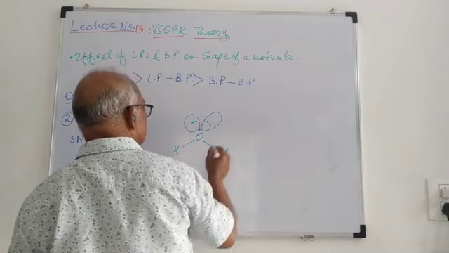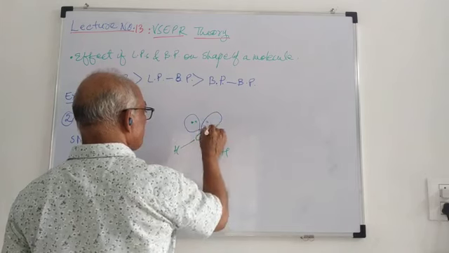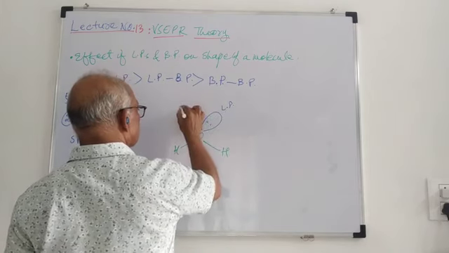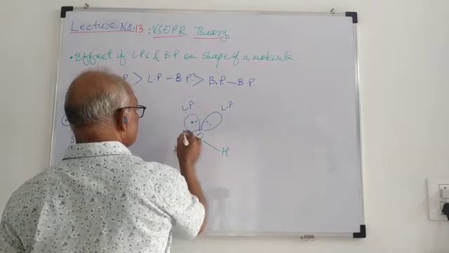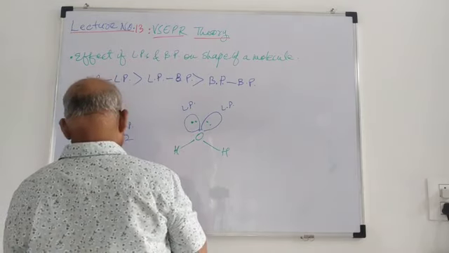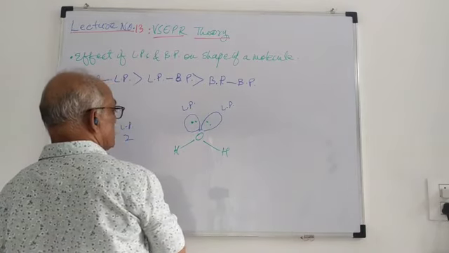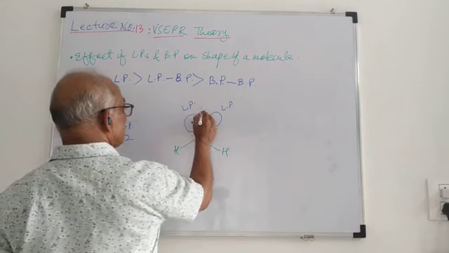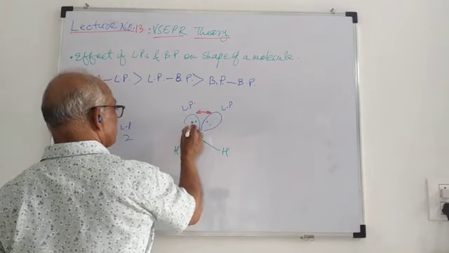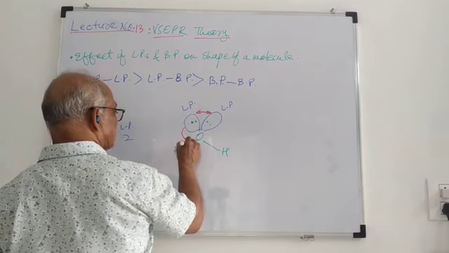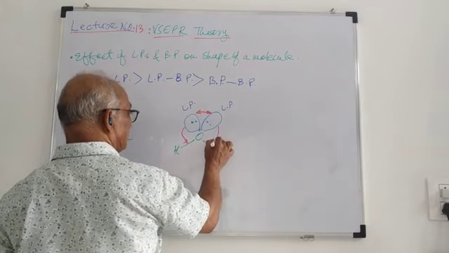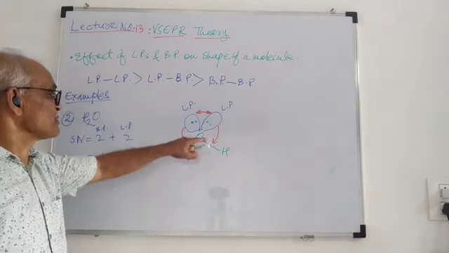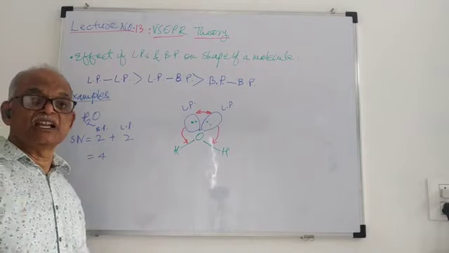These are orbitals. These are lone pairs, and they are having an effect on these bond pairs, so these will repel each other. Further, this lone pair will repel this, and this lone pair will repel this. Both lone pairs will repel these bond pairs away.